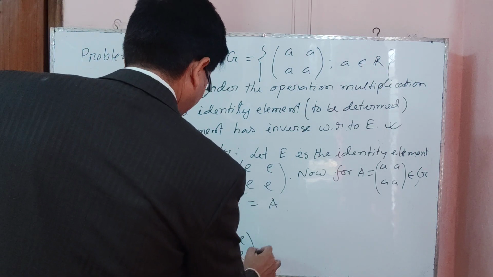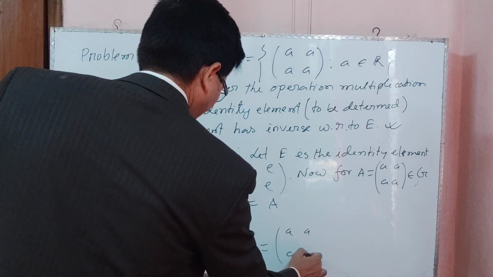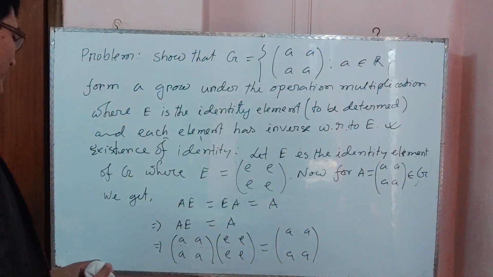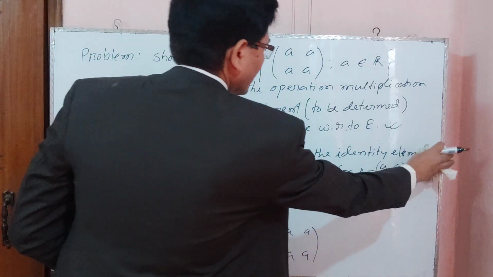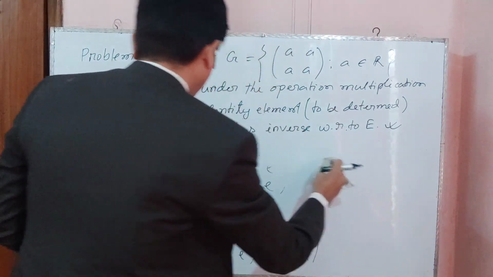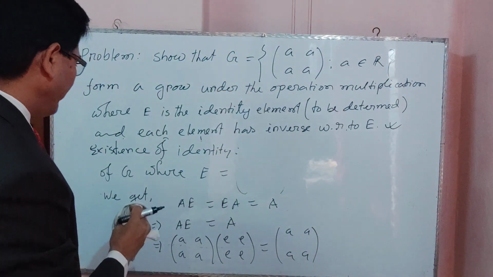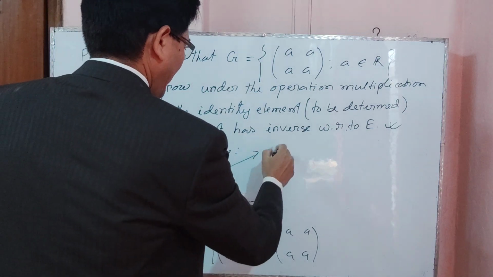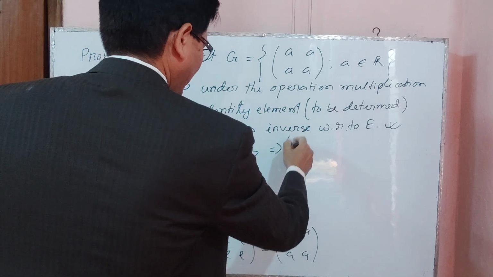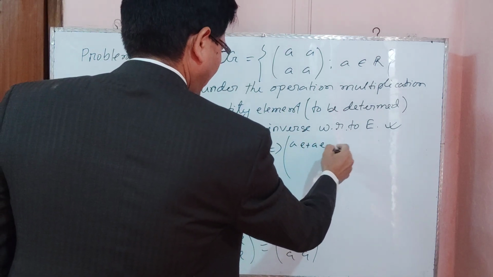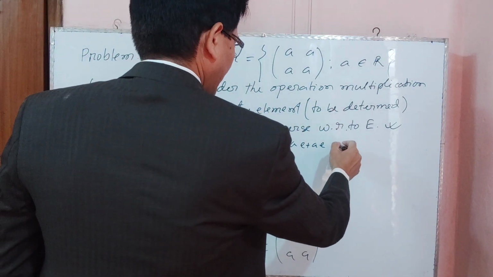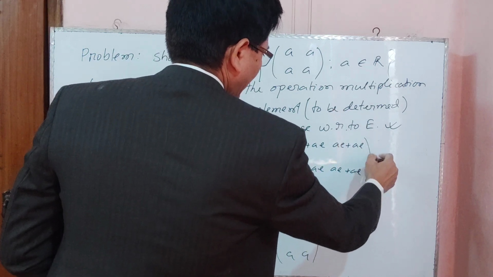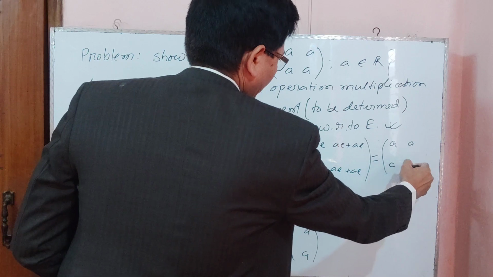We just put up the values of the elements, and complete the multiplication procedure: AE plus AE, A plus A, and so on. This equals A and A.